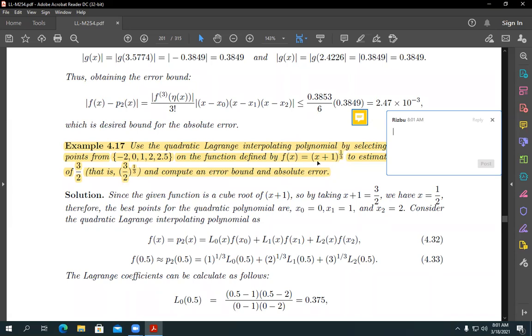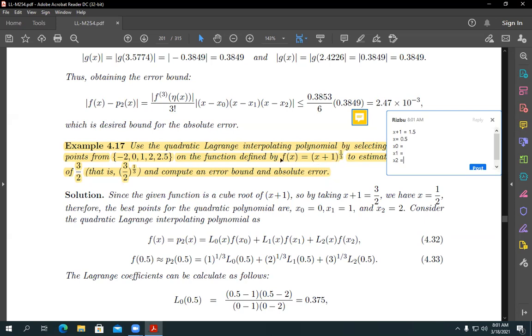So you can easily find out here x plus 1 equals 3/2. What is 3/2? 1.5. And this means you get x equal to 1.5 minus 1, which is 0.5. So now that you know x, you can easily find the best 3 possible points, x0, x1, and x2.